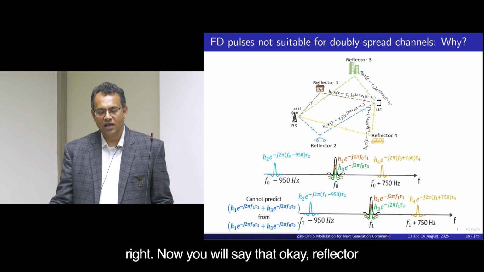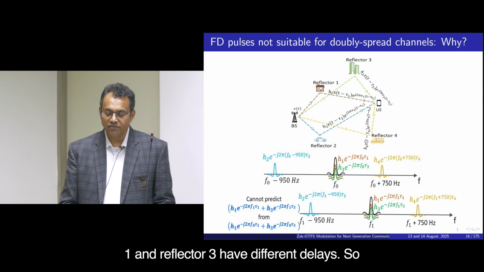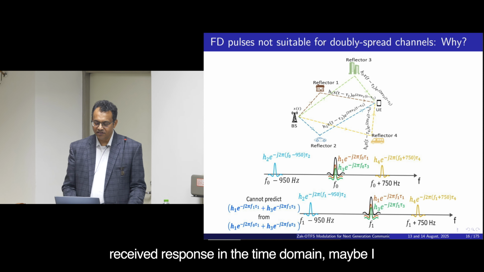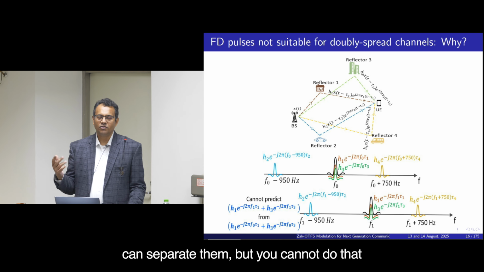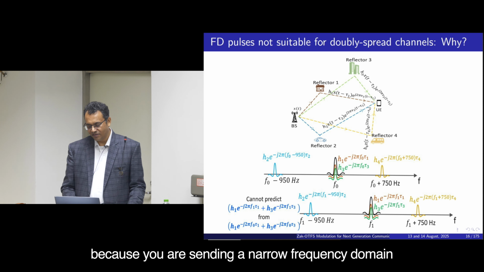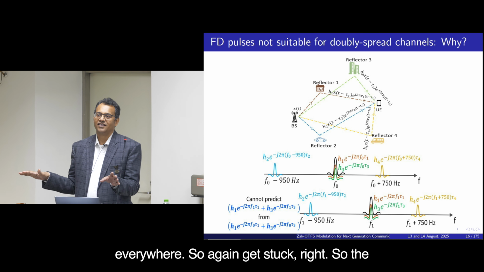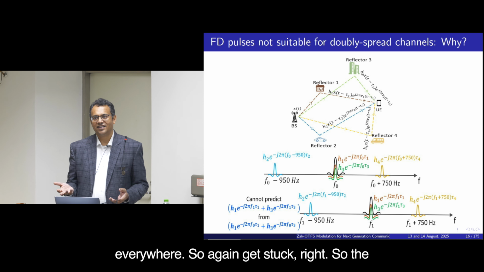Now, you will say that reflector 1 and reflector 3 have different delays, so if I look at the received response in the time domain, maybe I can separate them. But you can't do that because you are sending a narrow frequency domain pulse. In the time domain it is spread everywhere. So you again get stuck, right.